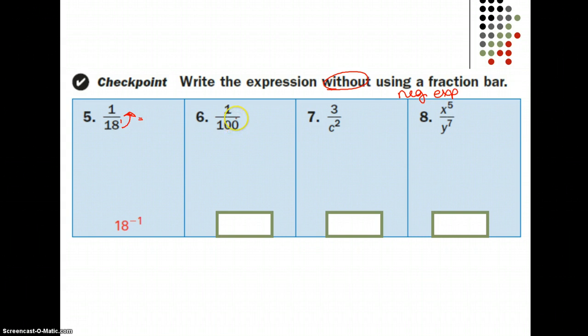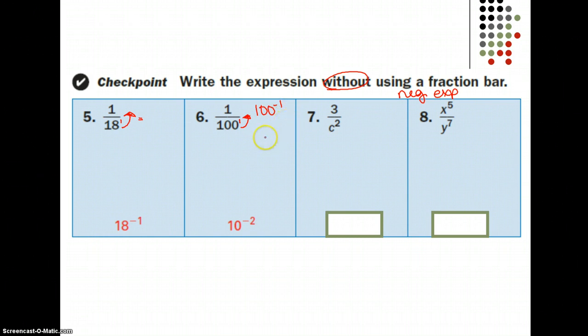Same thing with number 6, 1 over 100 has an exponent of 1. When you bring it up to the numerator, you would have 100 to the negative first power.